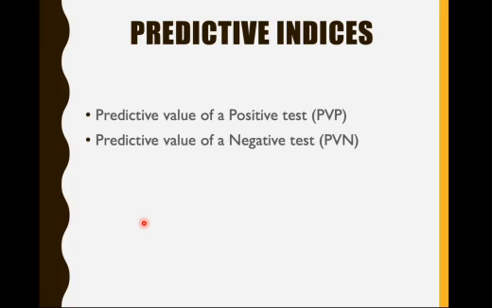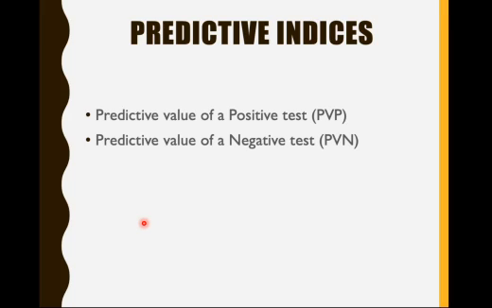Since in our definition of sensitivity, we talk of people who have the disease, and in specificity, we talk of people who don't have the disease. So why do we say that for ruling out, we need a highly sensitive test, and for ruling in, we need a highly specific test?